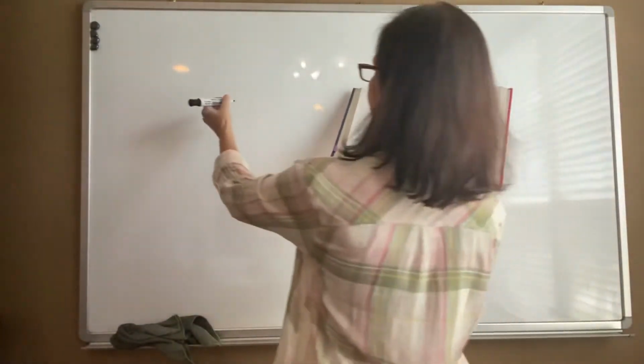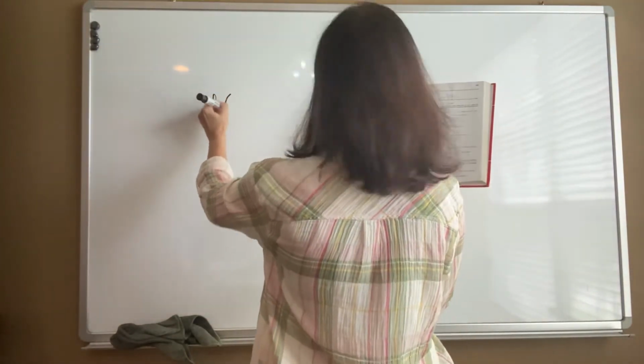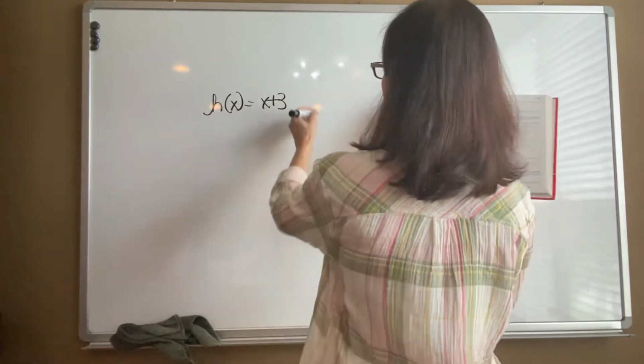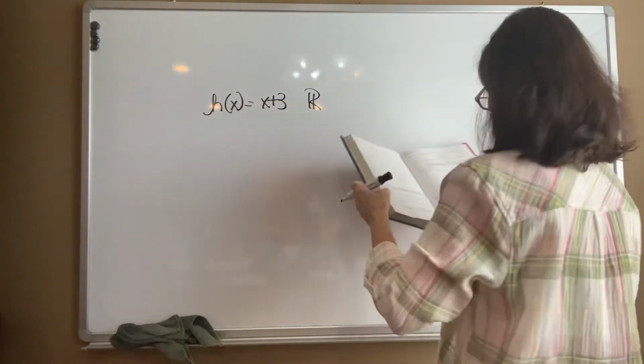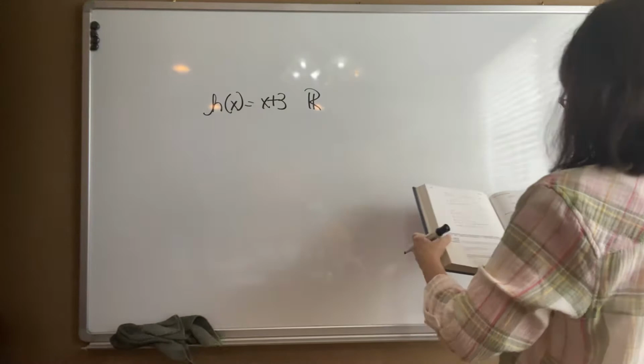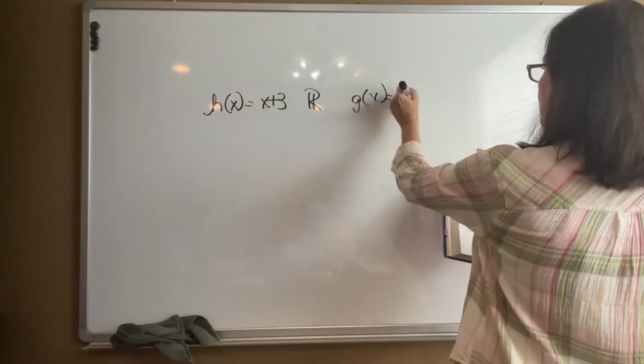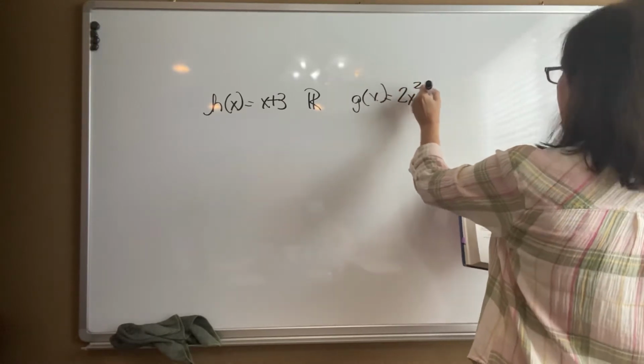All right, look at example 2. We have given h of x is x plus 3. Its domain is all reals. And we have g of x equals 2x squared plus 5.